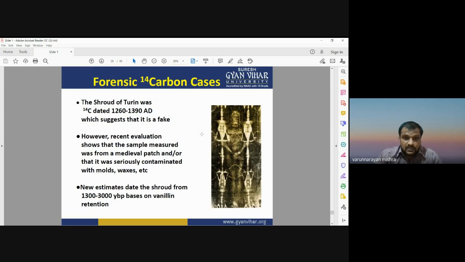Okay, these are some of the case studies. These are some of the applications of how we can use the radioactive decay process and the formation of different kinds of isotopes for getting information about the geological time scale or age of different objects.